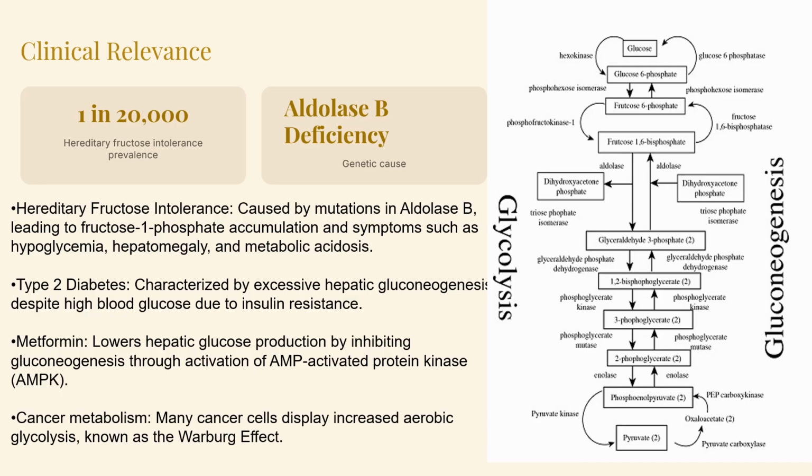This process is called aerobic glycolysis. Although glycolysis produces less ATP than oxidative metabolism, it allows cancer cells to rapidly generate metabolic intermediates needed for growth and cell division. Changes in the regulation of glycolytic enzymes contribute to this metabolic adaptation in tumor cells.